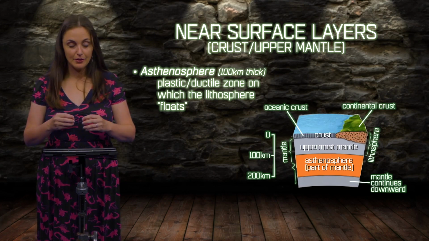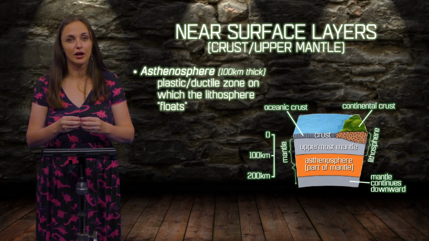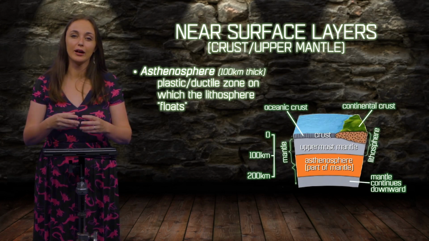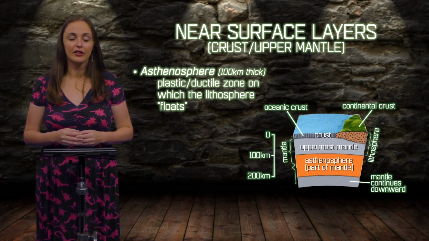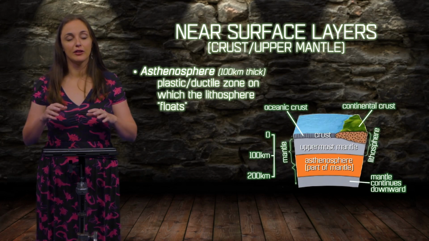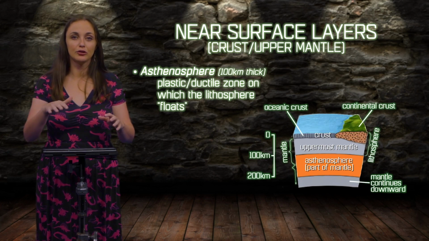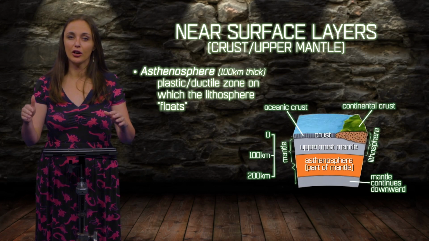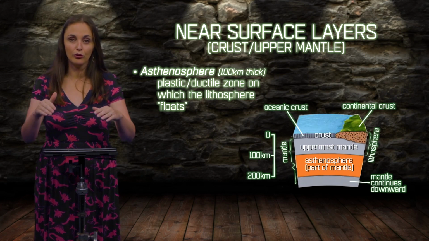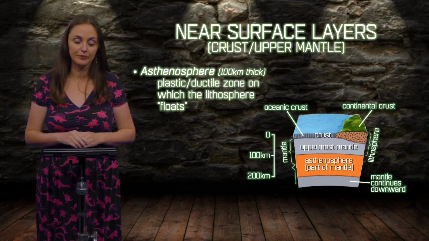Asthenos means something that's a little bit softer or more like a plastic. So the asthenosphere is basically this layer of the Earth's interior that the brittle lithosphere is able to float on. So in plate tectonics, these pieces of lithosphere are able to move over the asthenosphere.